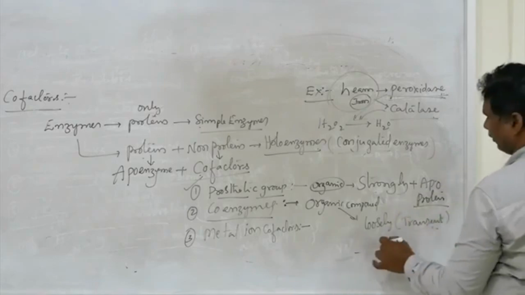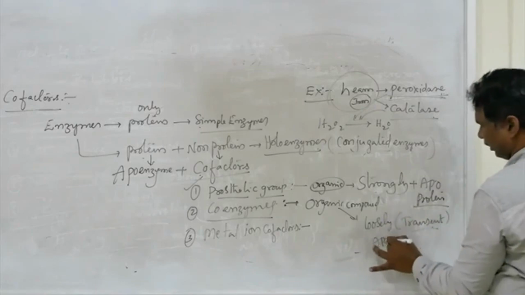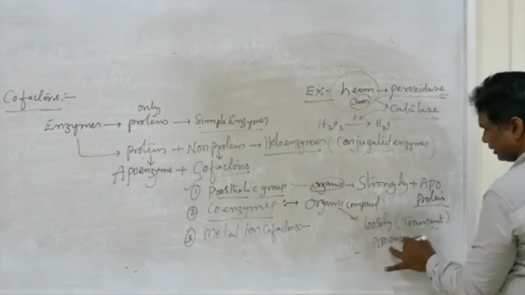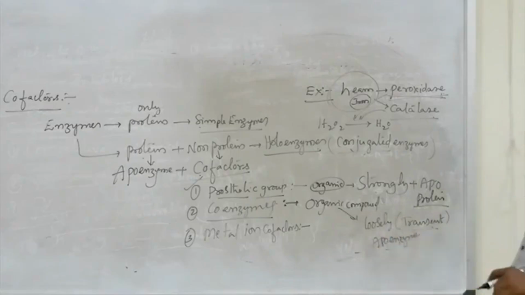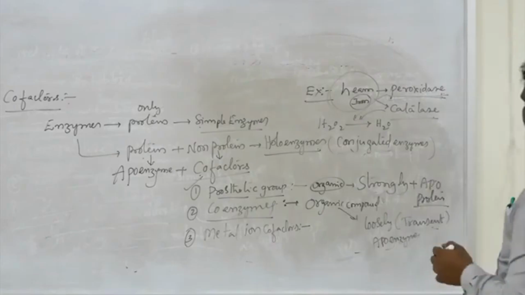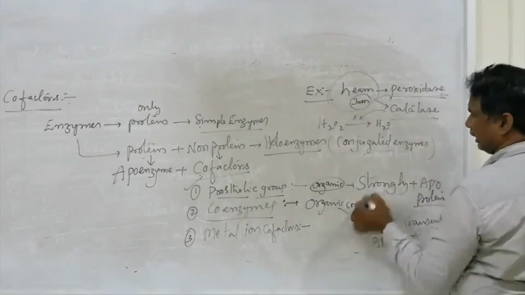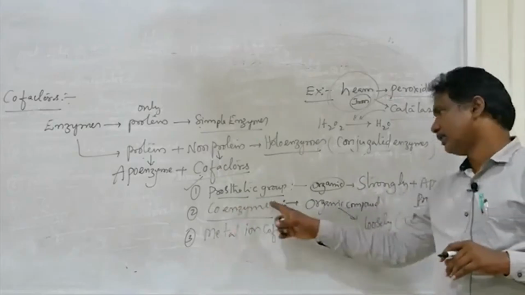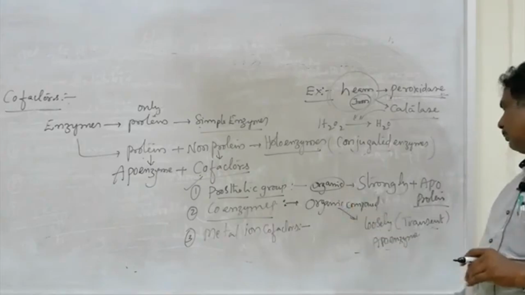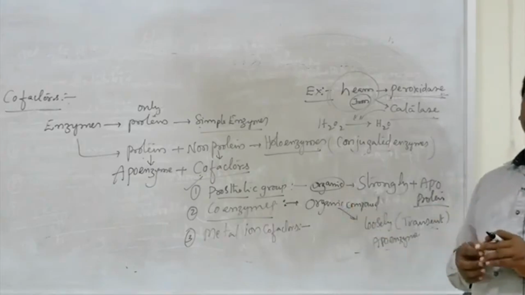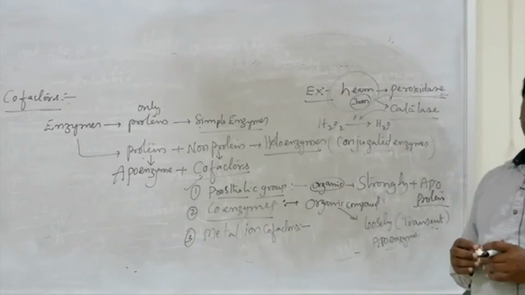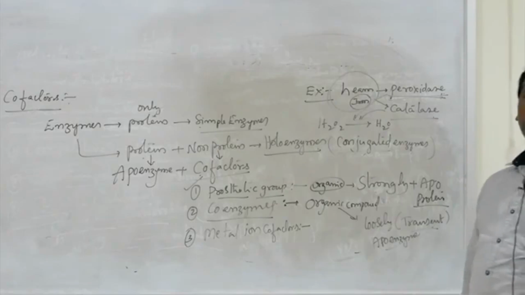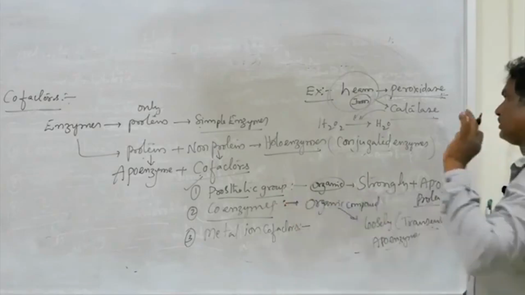So loosely bonded with enzyme protein, that means the apoenzyme. Those coenzymes are organic compounds which are loosely or transiently bonded with the apoenzyme or enzymatic protein. Those are called coenzymes.